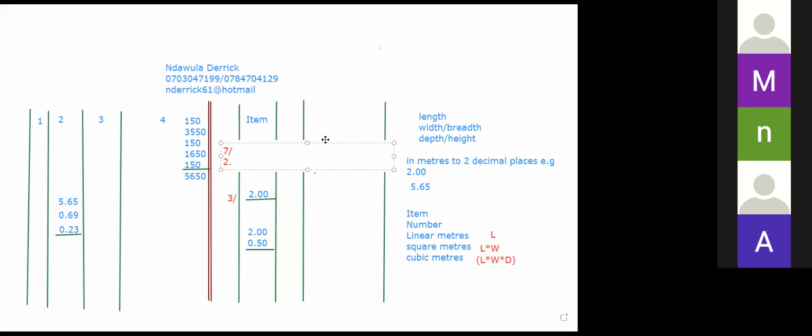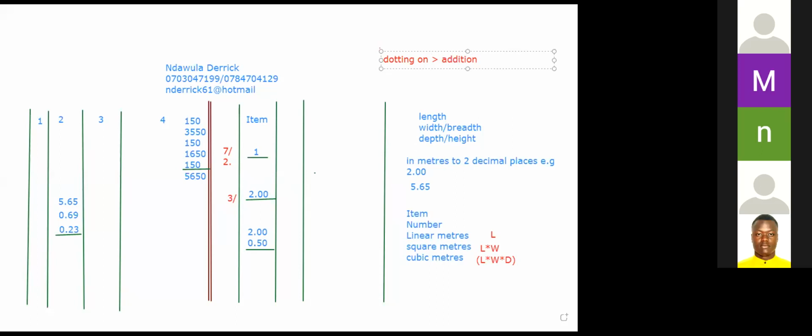In this case, the dot simply means plus. Dotting on implies addition. Okay. Excuse me, just a minute.